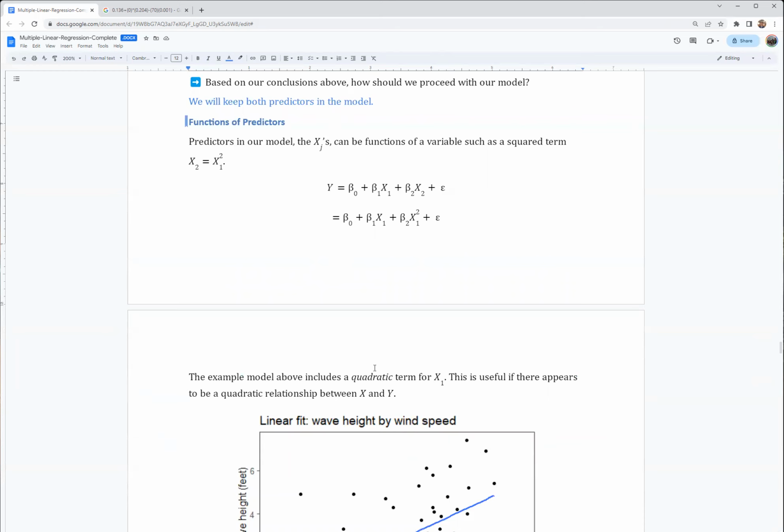Maybe they have a quadratic relationship, like a curved relationship. In that case, multiple linear regression can handle this by using sort of a clever trick.